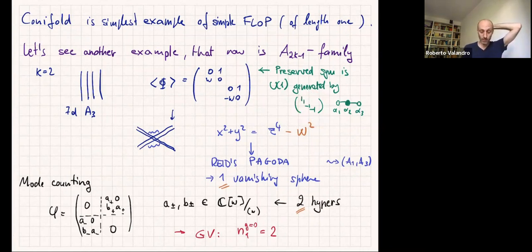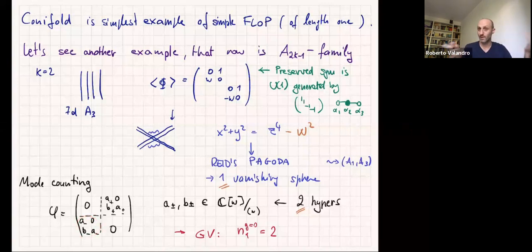Now, how do we compute the modes? In the same way as the conifold, you have to see how many degrees of freedom you can gauge fix. And you see that the gauge-fixed phi is of this form. So in this block here, you have 1 degree of freedom, diagonal here, A plus, and 1 here for the B plus. And you have other modes with the minus.